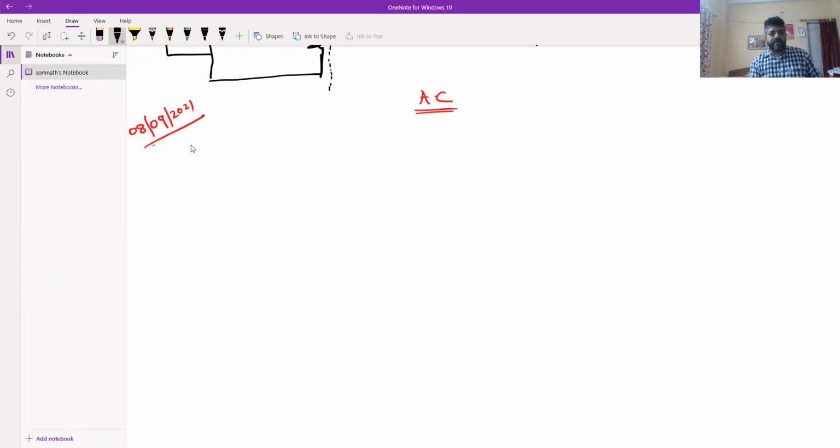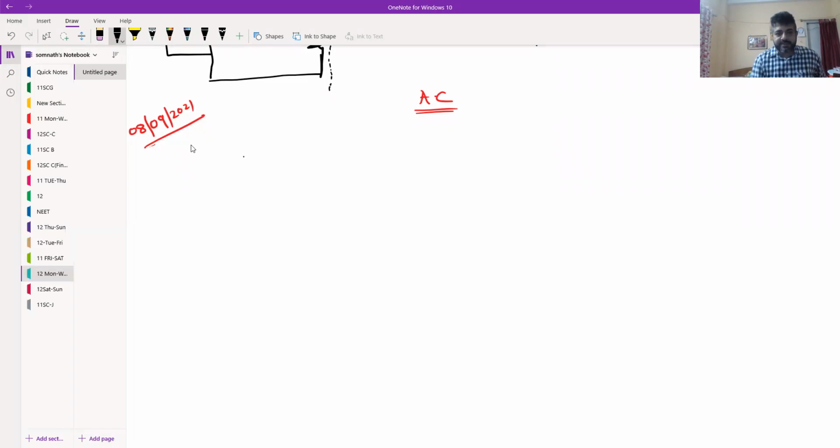Now, from the previous lecture, we know what is reactance, what is inductive reactance, what is capacitive reactance, what is impedance, and what is the AC triangle, and that AC triangle is the most important part.